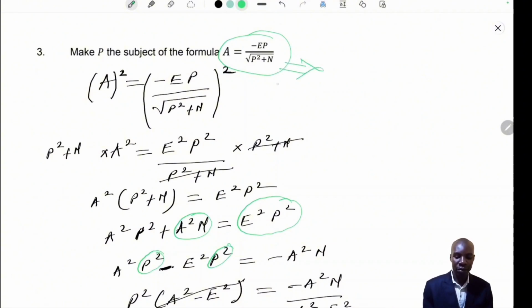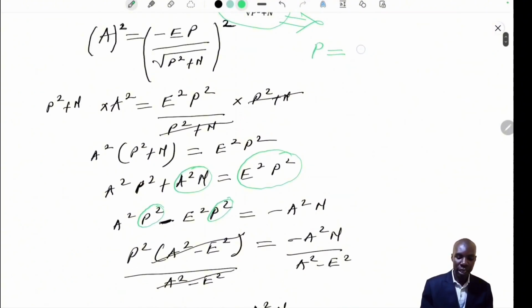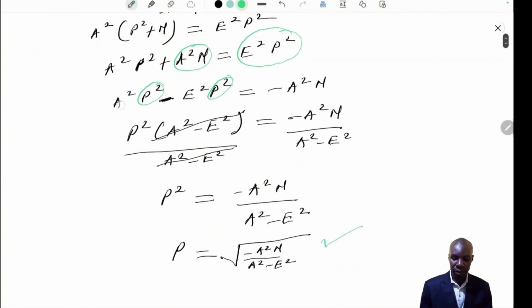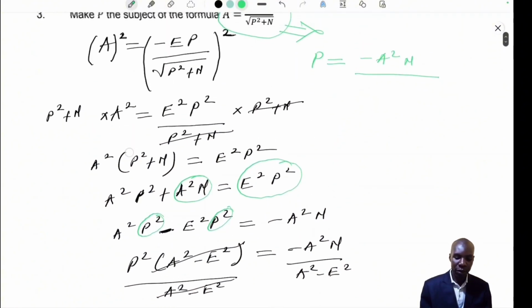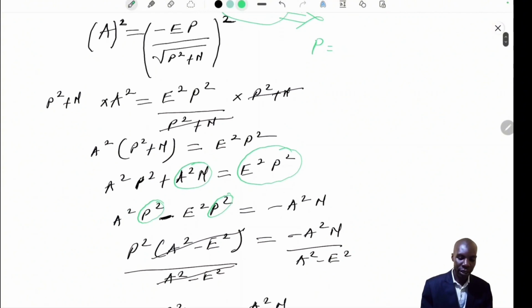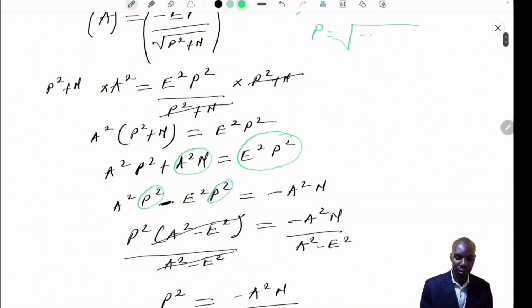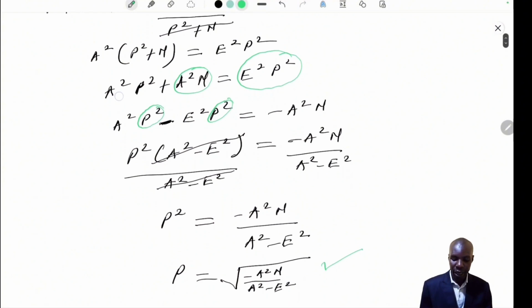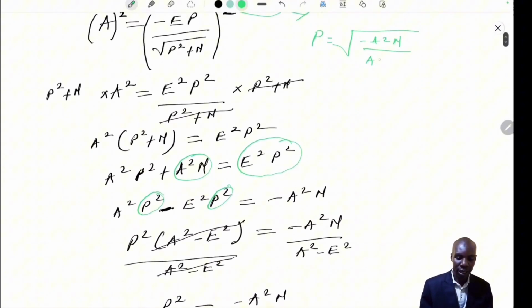And we have found that p can now be given by the square root of minus a squared n over a squared minus e squared.